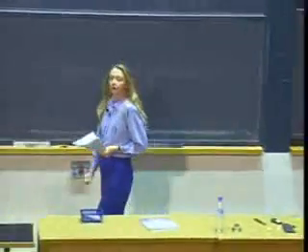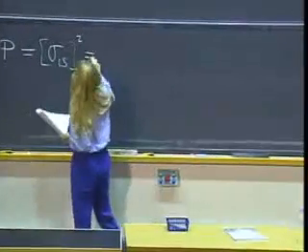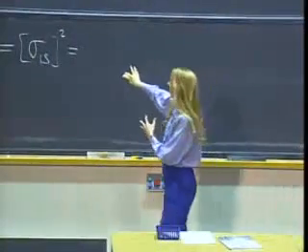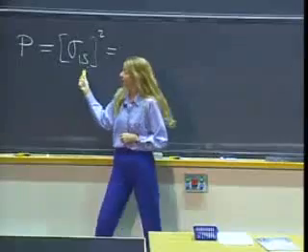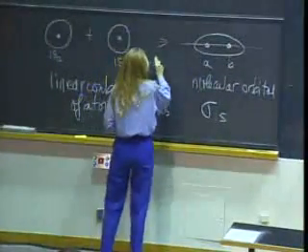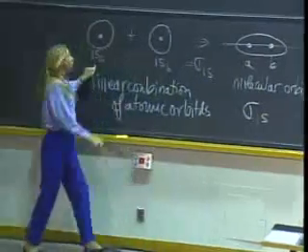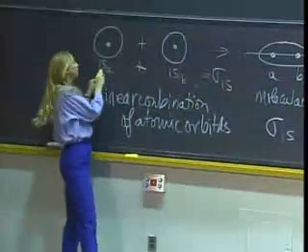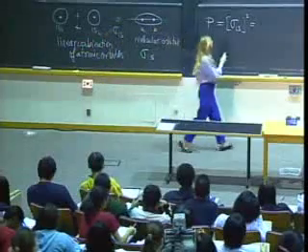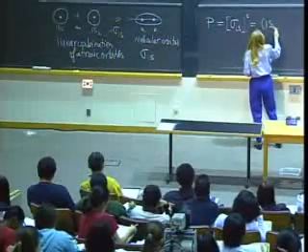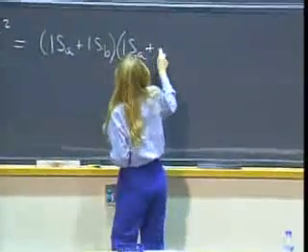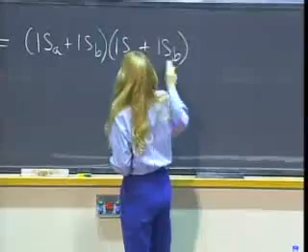All right? Okay, well, if that's the case, then I can multiply this out, right? Because sigma 1s right here is really equal to this linear combination of 1sa, 1sb. So let me take 1sa plus 1sb, multiply it by 1sa plus 1sb.